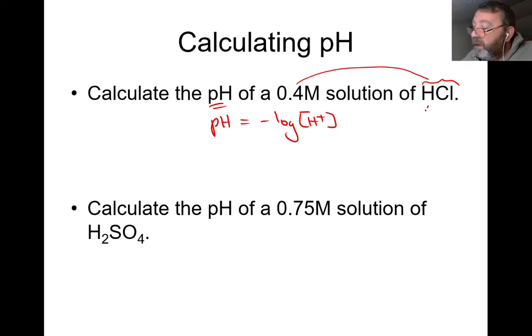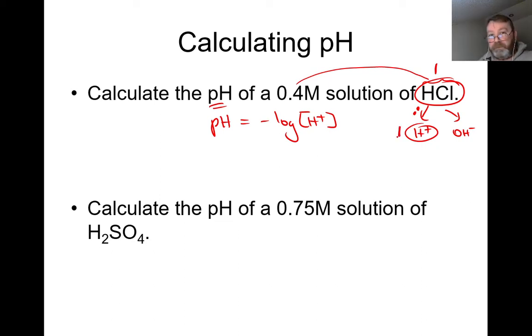When HCl breaks up, it breaks up into H plus and Cl minus. In other words, one molecule gives one H plus. So you've got a ratio of 1:1, meaning that the concentration of the acid will be the same as the concentration of the H plus ions. So if this is 0.4 molar, this is going to be 0.4 moles per litre.